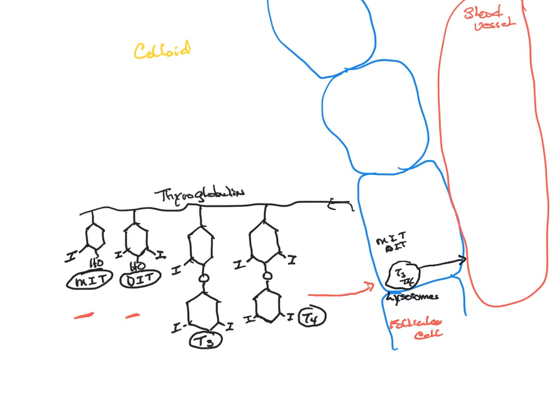The T3 and T4 then can go into the bloodstream, and remember, they are amines, but they are lipid soluble. Therefore, they have to bind with certain protein molecules to be able to be transported.